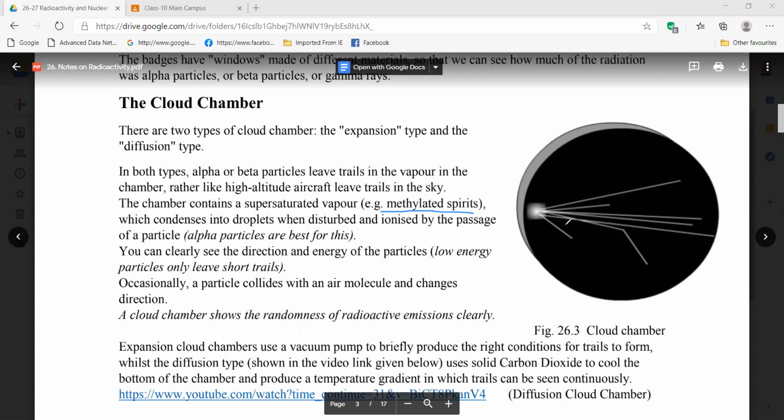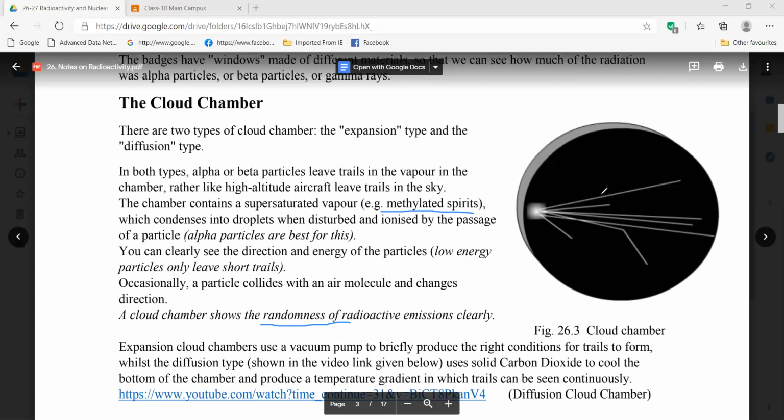You see, some of the tracings are smaller, some are longer, and some are also making a curve. So this way we can understand that radioactive emission is random, random in direction, random in size.